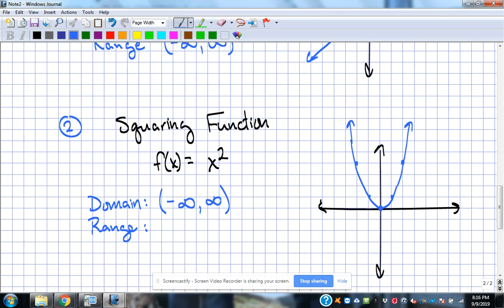And then the y values go which direction? Up toward what? Positive infinity. So the way we would write that is 0 to positive infinity. We would put a square bracket on the 0 because it's included. It's a point right there. The squaring function looks like that. It's got that shape to it. It's a U out of that.